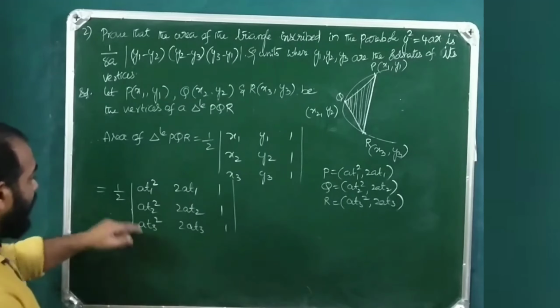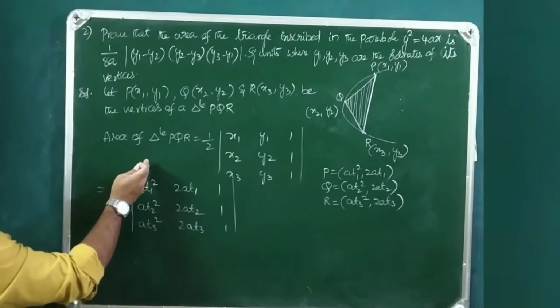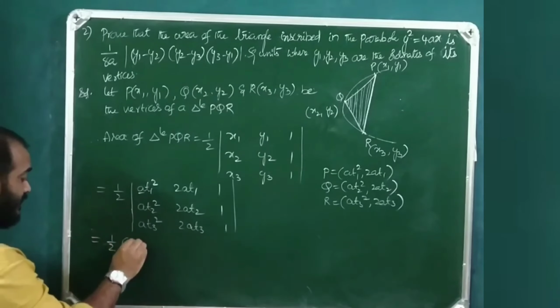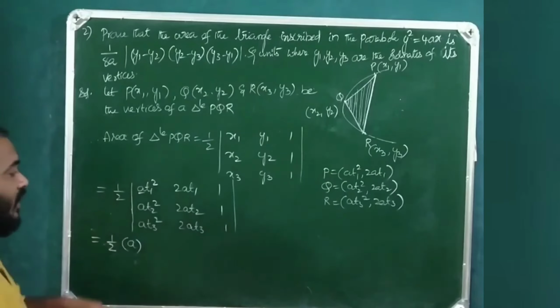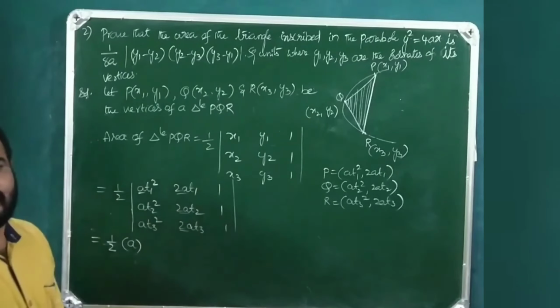So here A is common in the first column. So that is equal to half into A taken common. Not only that, 2A is common in the second column.